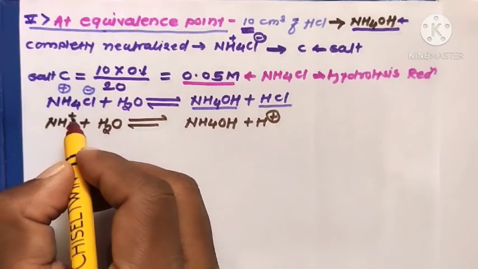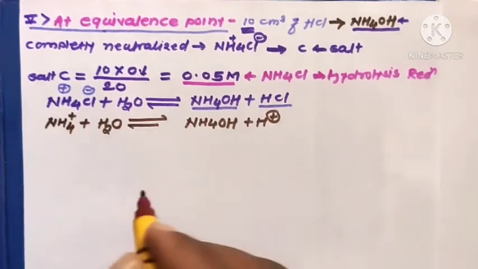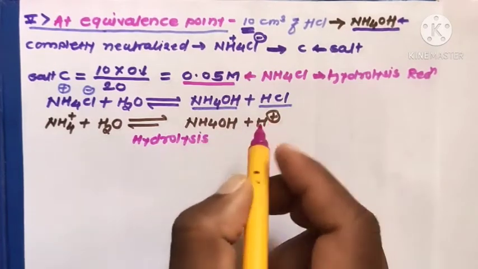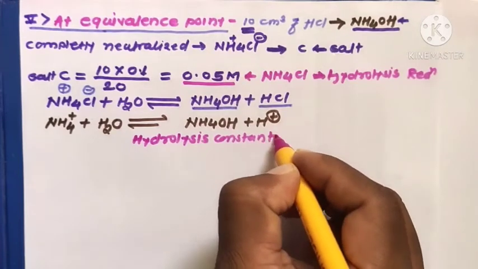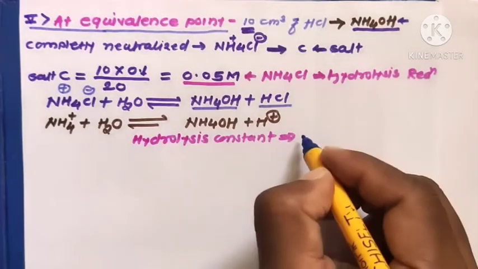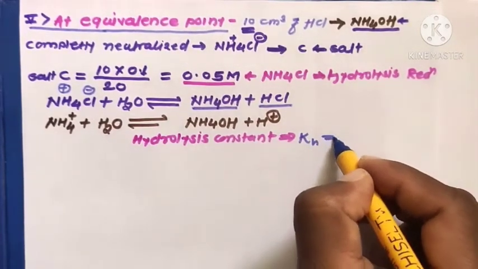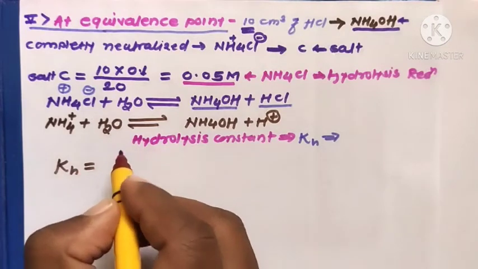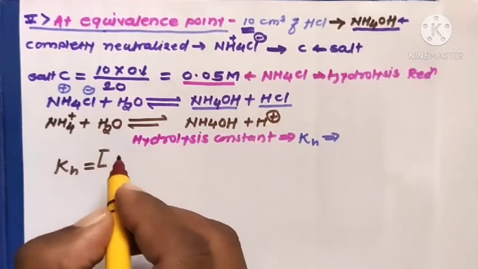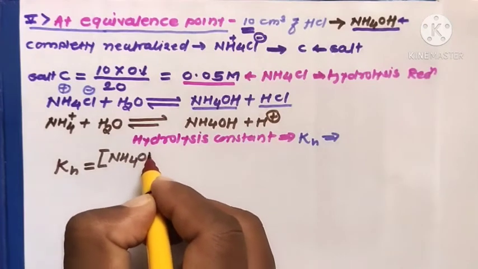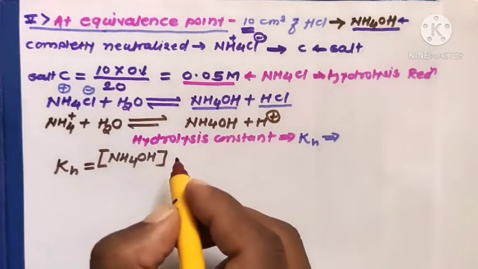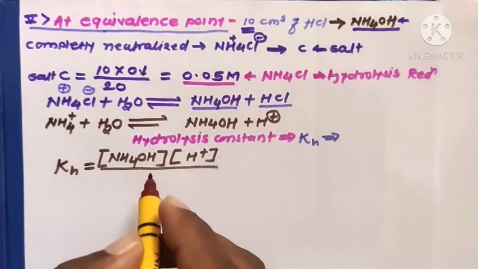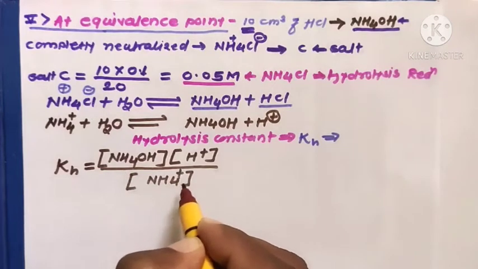Therefore, the hydrolysis constant of the reaction, KH, can be defined as: KH is equal to the concentration of NH4OH into the concentration of H+ ions, divided by the concentration of NH4+ ion.